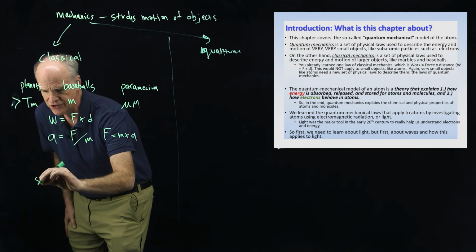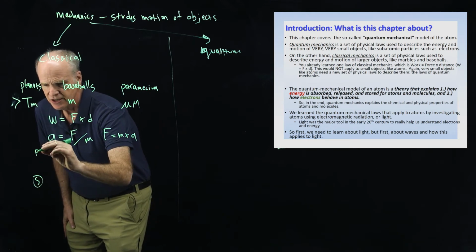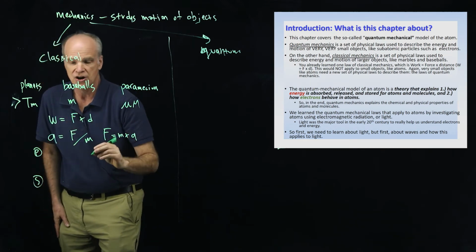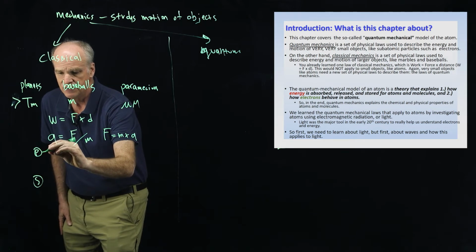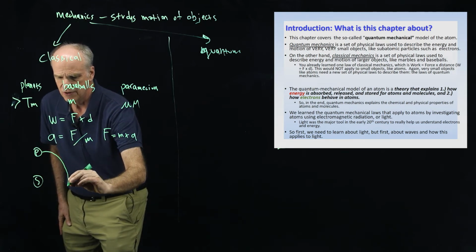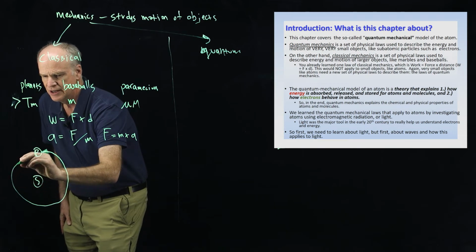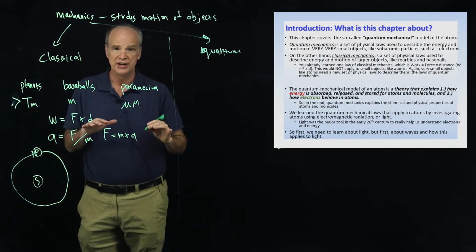So let's say you have the sun here, and let's say you have a planet here. What you probably know is that the planet follows an orbit around the sun, and this orbit can be called a trajectory.